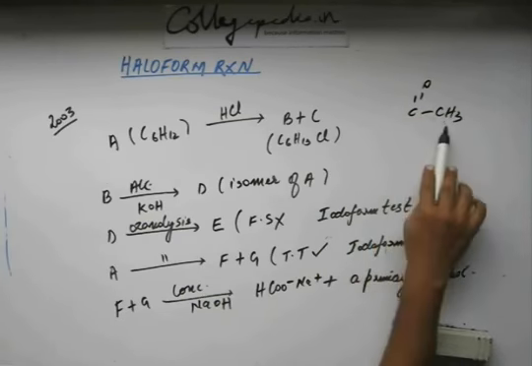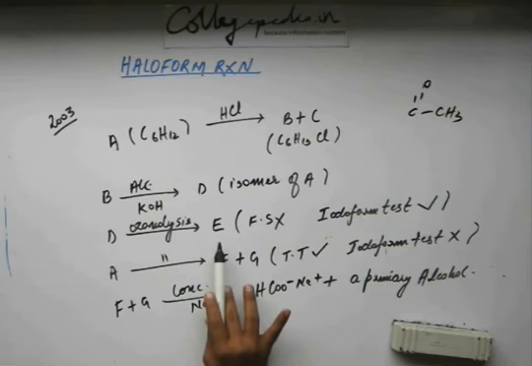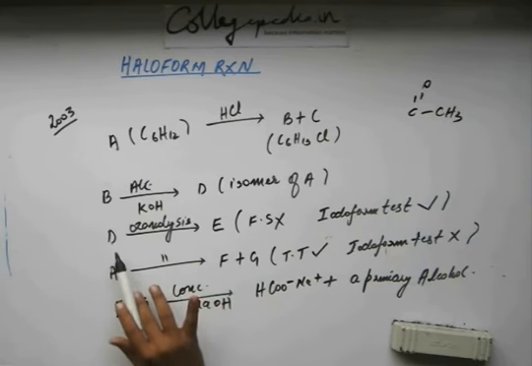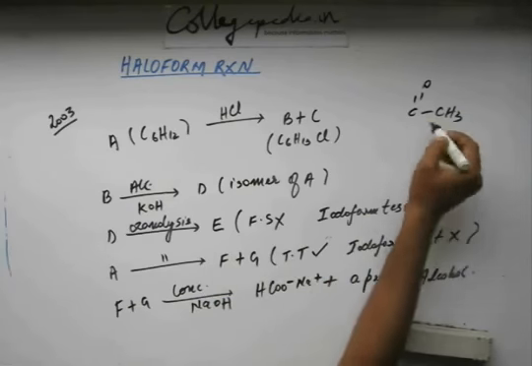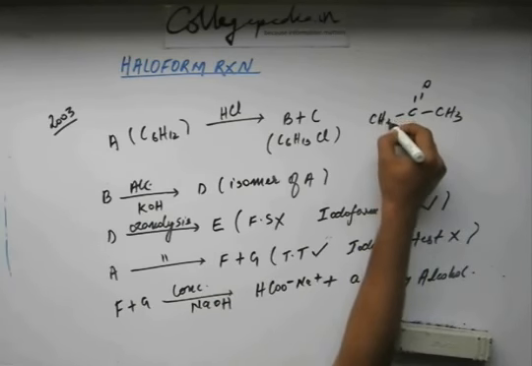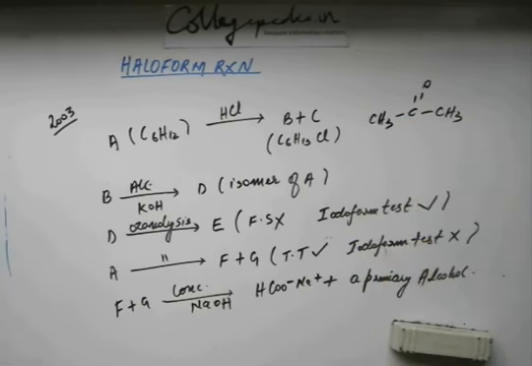So 2 carbons here, and E has 3 carbons because D has 6 carbons and it will be symmetrically broken. The only choice to add the 3rd carbon is on this carbon. So E must be nothing but acetone. This we have found.